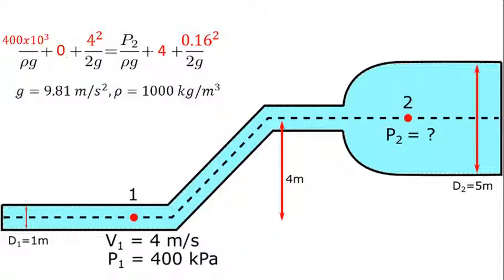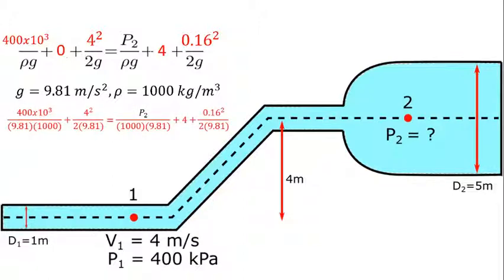Firstly, g, our constant due to gravity, is 9.81, as we're assuming this pipe section is located on Earth. And rho refers to the density of the fluid in question, which in this case is water, so the value is 1,000. With those values, along with P1, which was given to us at the start, we have all the values to simply plug them into our equation and then rearrange for our one unknown, P2.